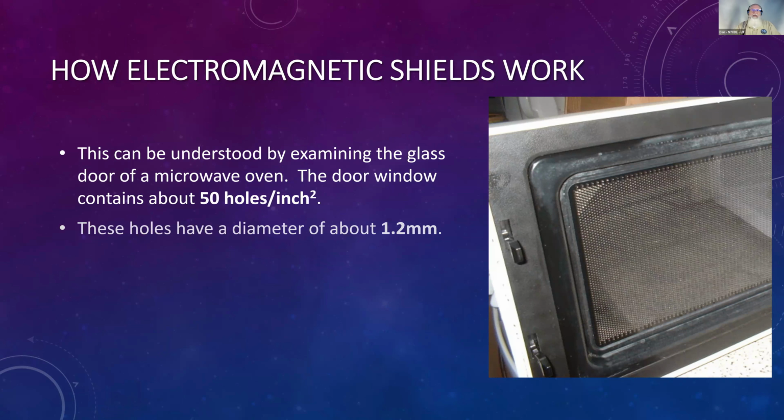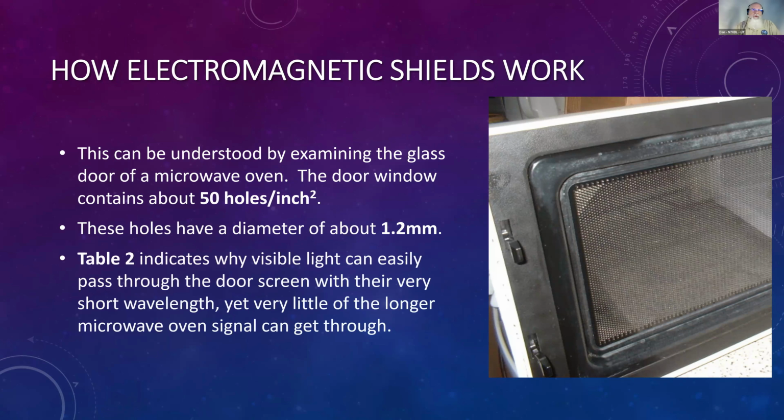Each of the holes is about 1.2 millimeters large. And I'm going to show a table that lets us see why we're able to see our food that's cooking, but as we're looking at it, we're not feeling the effects of the microwave radiation. And all that has to do with wavelengths.